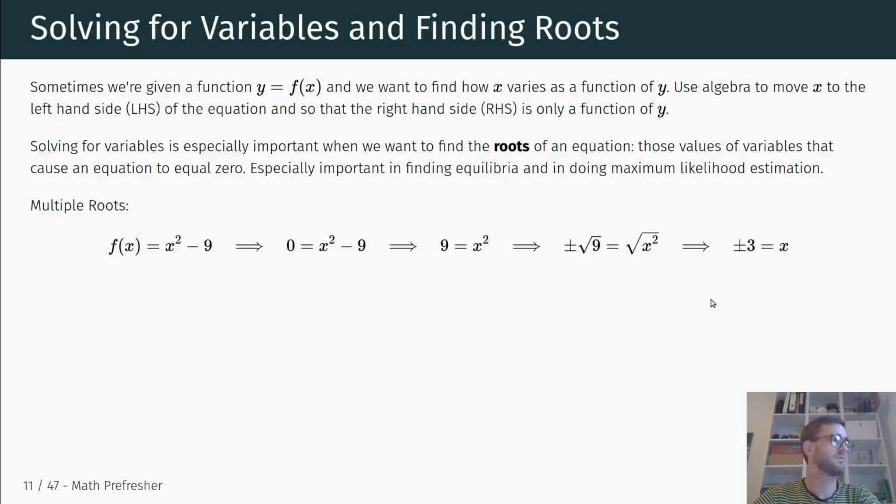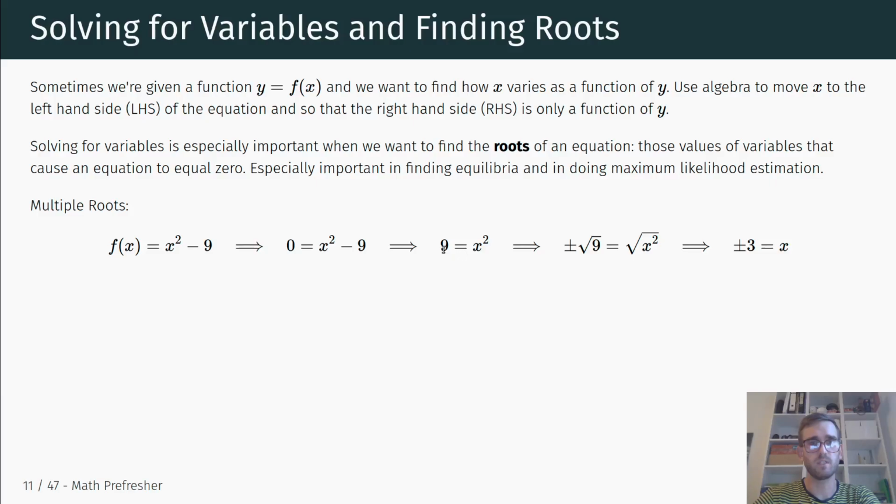So here's just one example. f of x is equal to x squared minus 9. If we want to find the roots of that function, we have to set this function equal to 0. So 0 is equal to x squared minus 9, and then we want to solve for x. We start with this equation, set it equal to 0, and then add 9 on both sides.